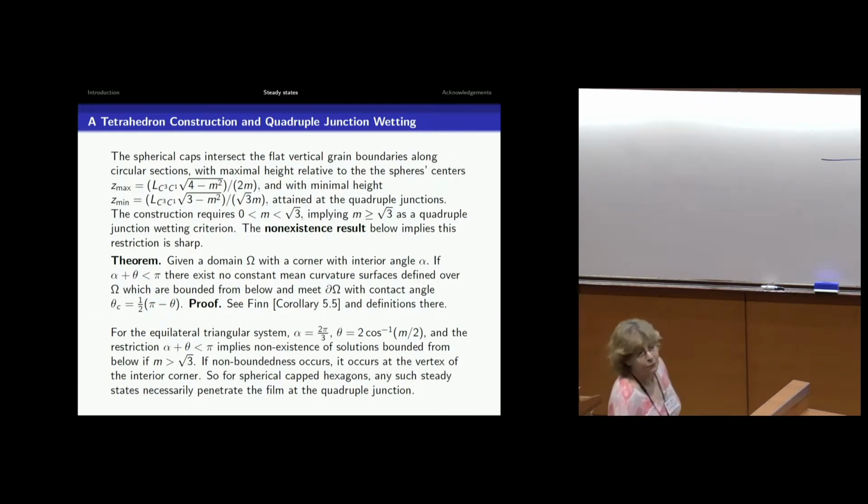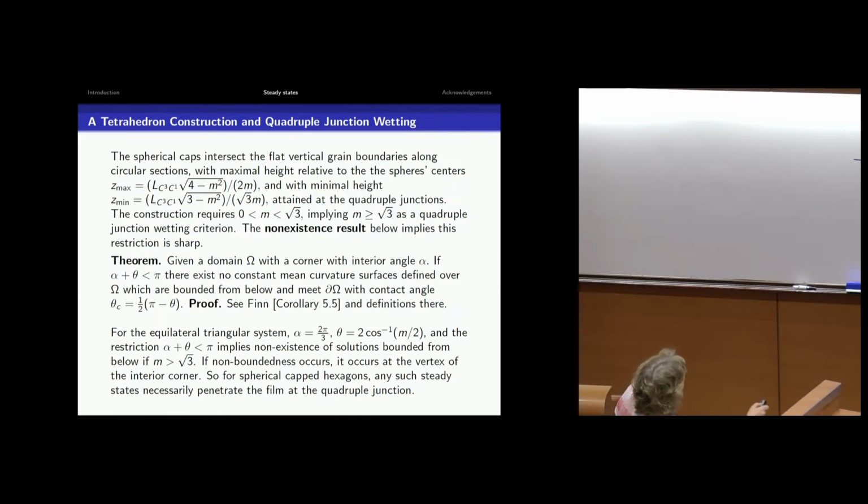So this is, if you wish, where a connection can be made in an obvious sense between solid state wetting and dewetting and liquid states. And so here, these are some details of these spherical caps. And this is some details of the maximum minimal height.